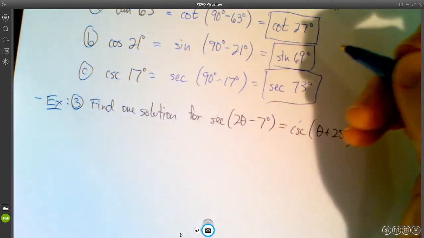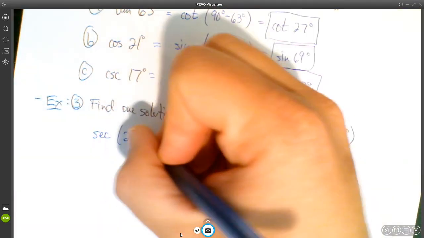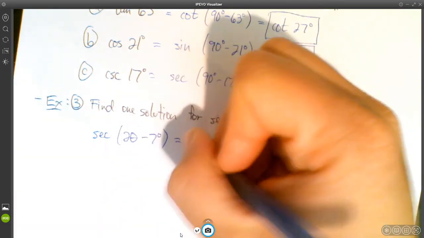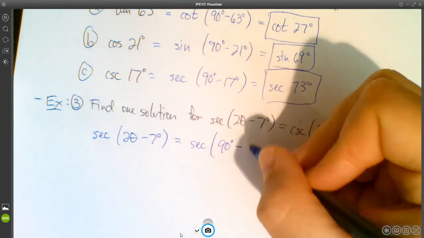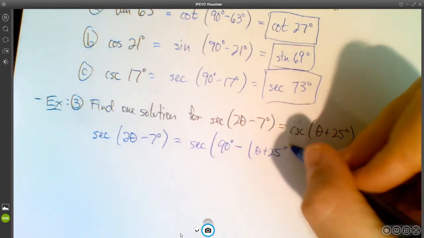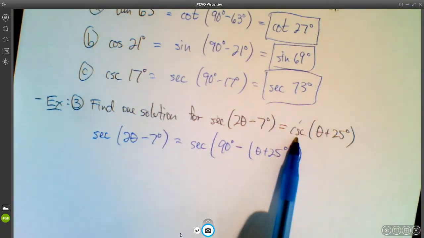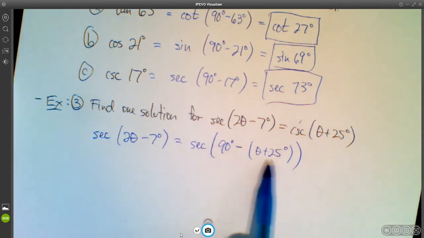So I'm going to say secant of 2 theta minus 7 degrees equals secant of 90 degrees minus theta plus 25. Okay, right? So I changed the cosecant to a secant, and then I'm doing 90 degrees minus that angle.